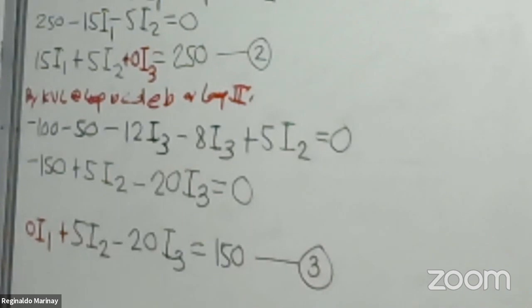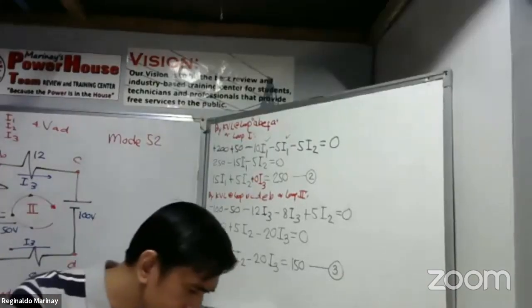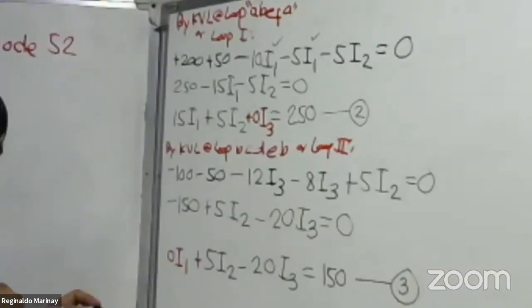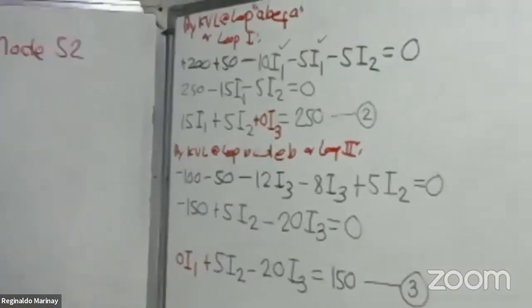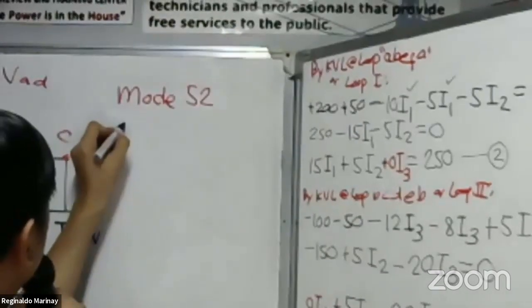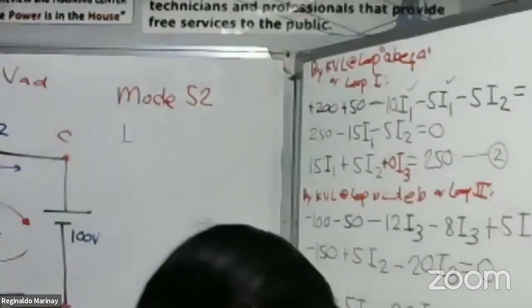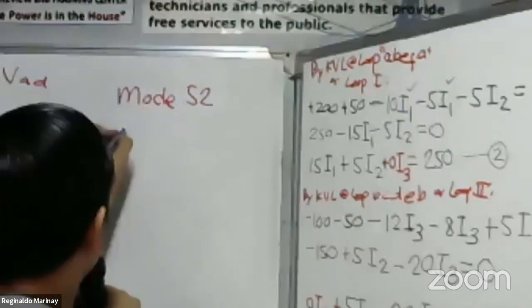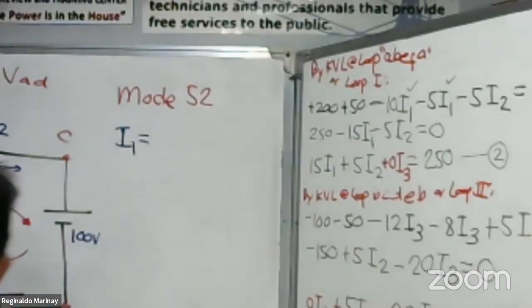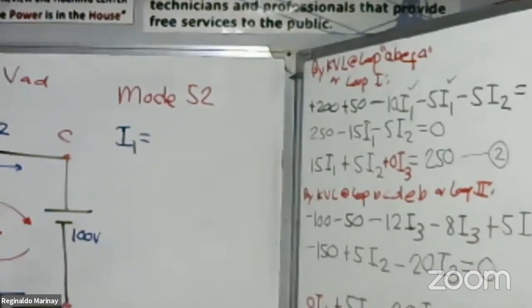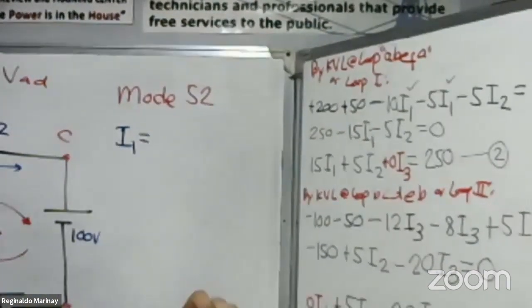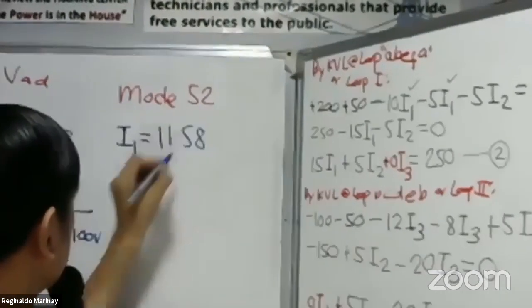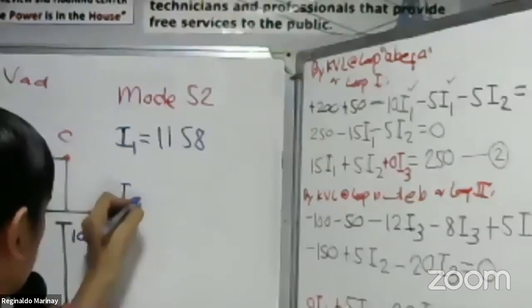Okay, so my answer here is 11.58 for our I1. So this is our I1. Our I sub 1 is equal to 11.58. I will round off to 2 decimal places. What about our I sub 2?